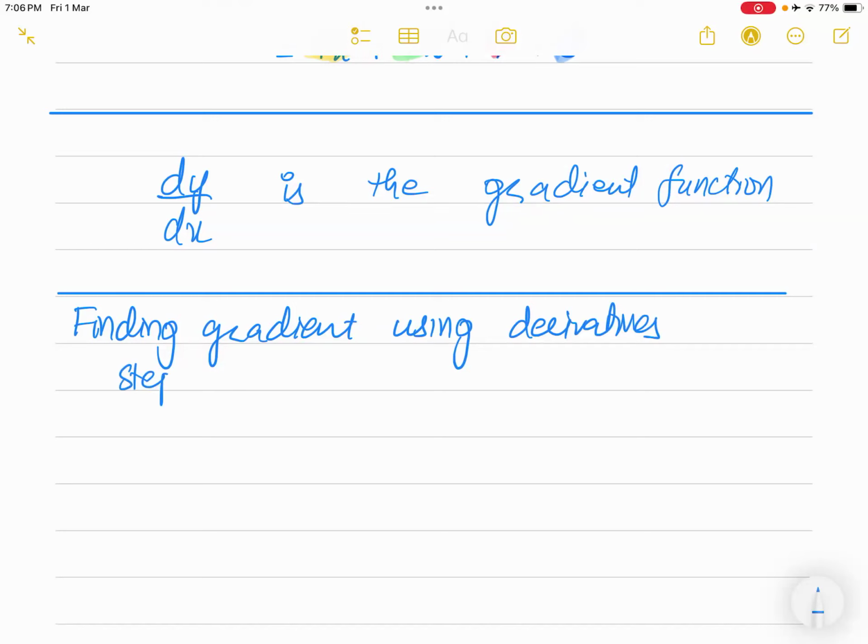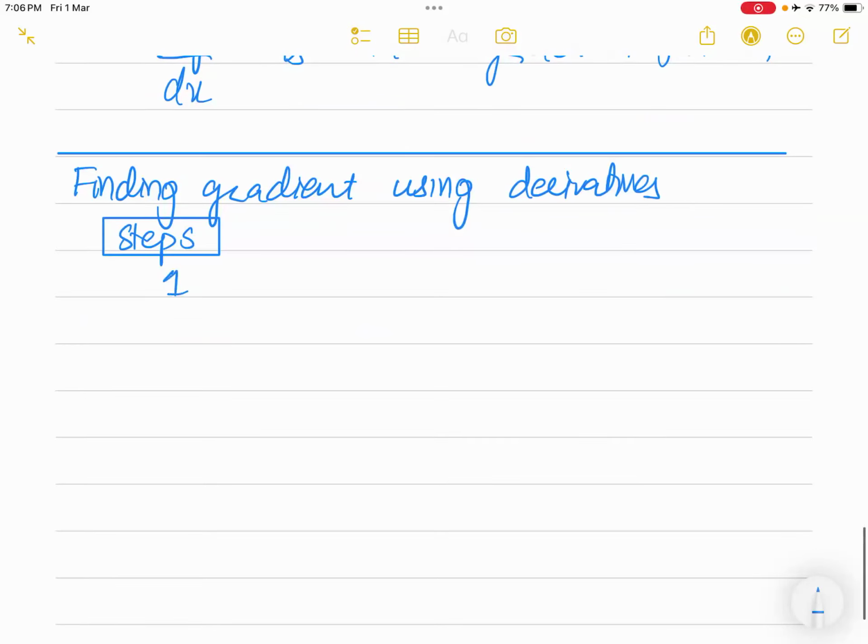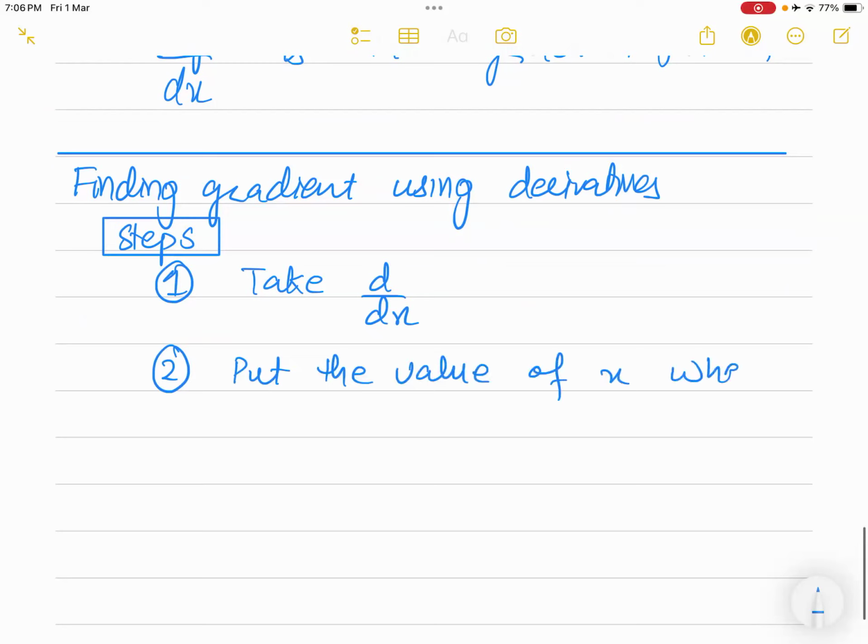Steps. Step one is take d by dx. Second step, put the value of x where you want to find the gradient. Understood?